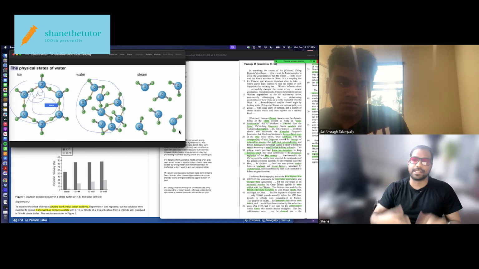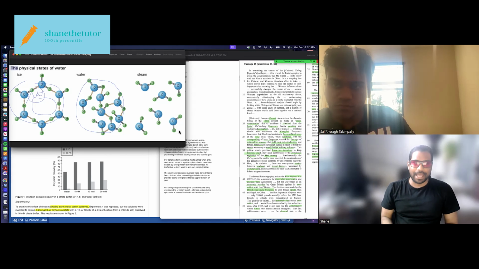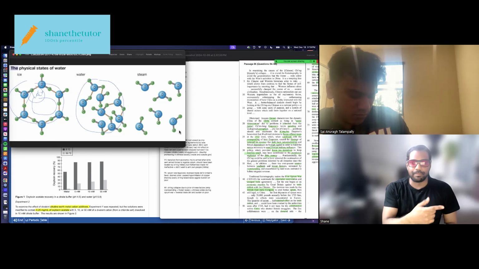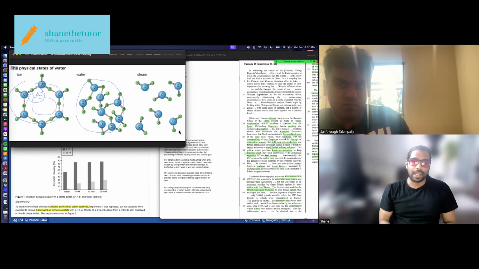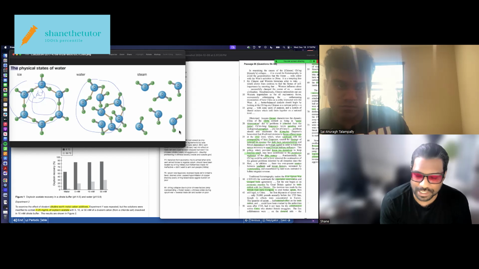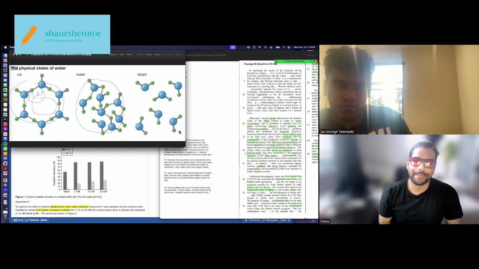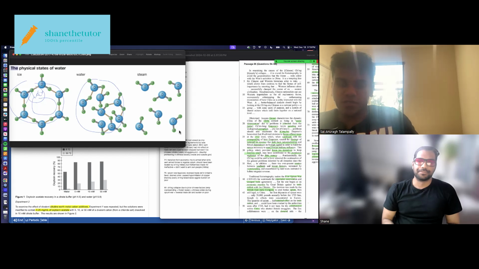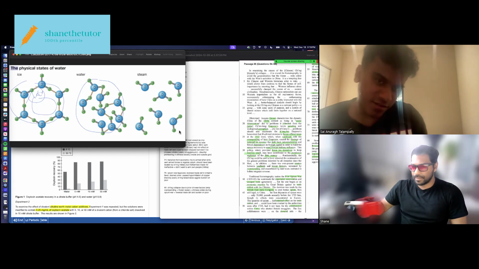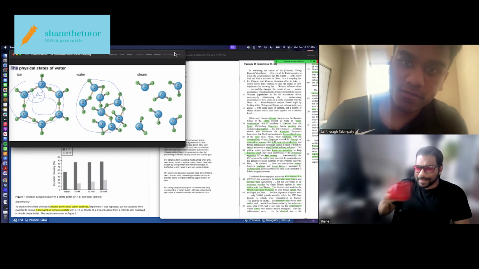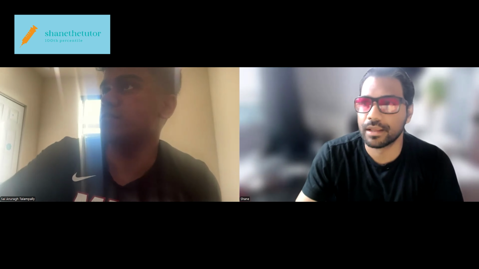You can have a lot of these impurities that make it so that these bonds become harder to make. That's what gives you your freezing point depression. Okay, gotcha, that's cool.